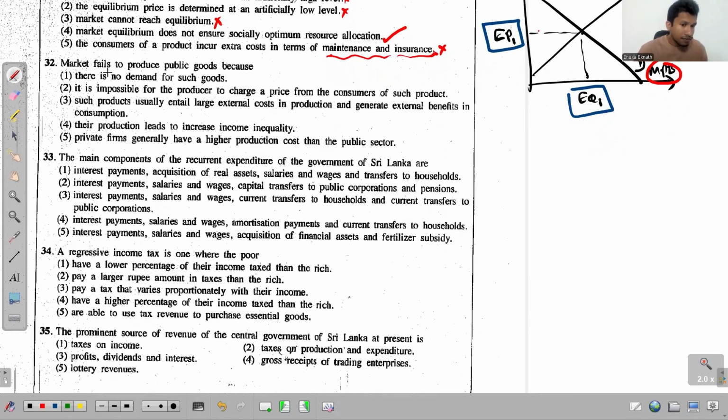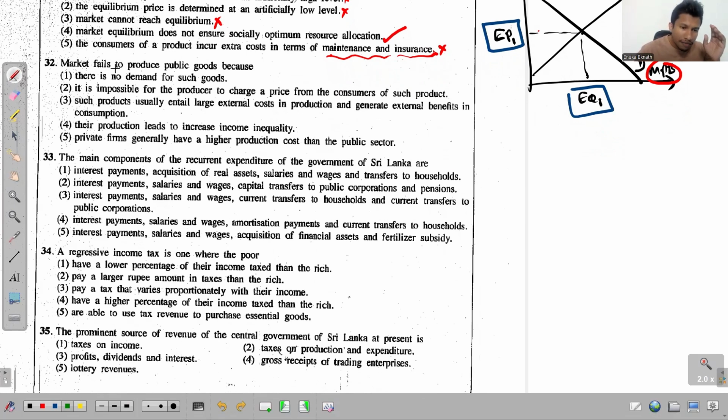It says market fails to produce public goods because, okay, so the market economies fail to produce public goods due to one of the characteristics in these public goods. And what's that specific characteristic? There are two main characteristics. So on one side, we say that there's non-rivalry related to public goods, and also we have non-excludability related to public goods.